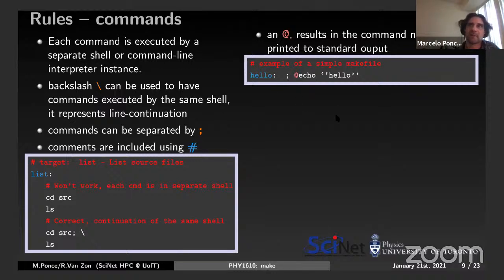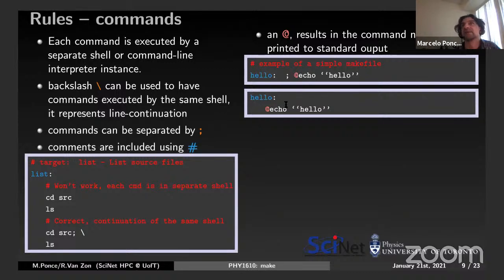I usually don't recommend doing that for clarity, but I'm doing it here just to make it fit on my slides. Then echo hello will just print the word hello on the screen, but not the command, okay? This is exactly the same as before, so instead of the semicolon, you can do a new line and then the tab.